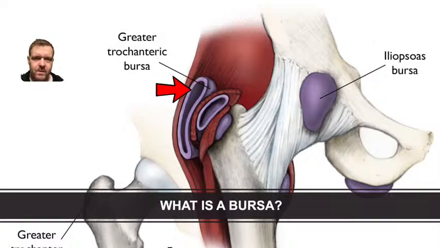But so the body, in its wisdom, has developed these bursa, which are fluid filled, and it's basically like having a balloon with water in, obviously a very small one, in between those surfaces, so that they can roll over each other and there's no friction. Okay.